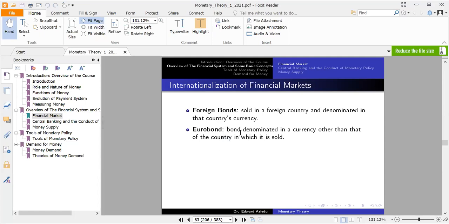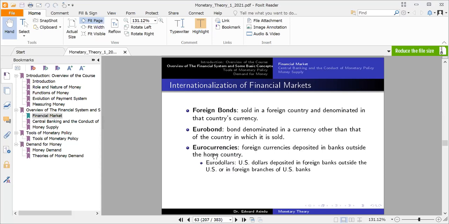All right, let me finish the terminologies quickly. Eurobonds are denominated in a currency other than that of the country in which they are sold. So you are selling it in a country, but not in that country's currency. In the same terminology, there are generic wordings for currencies as well, not just the bond.